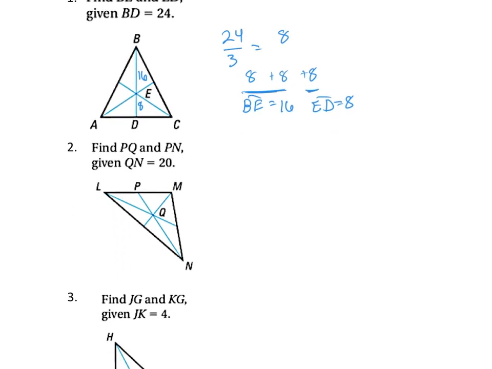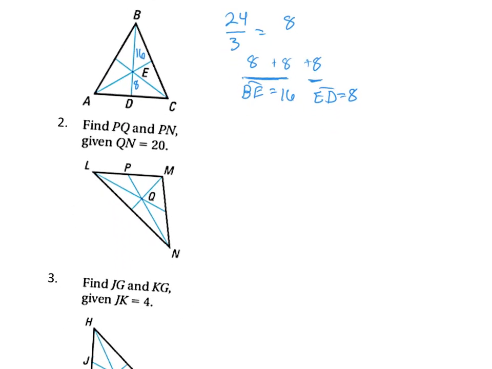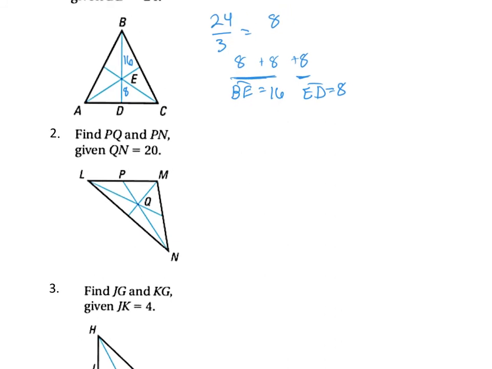Let's do the next example. Find PQ and PN if QN equals 20. So QN equals 20. QN is the distance from the centroid to the vertex, so imagine PN broken up into thirds.